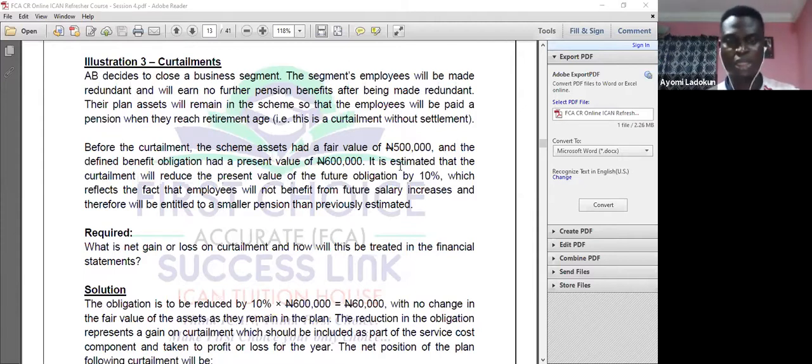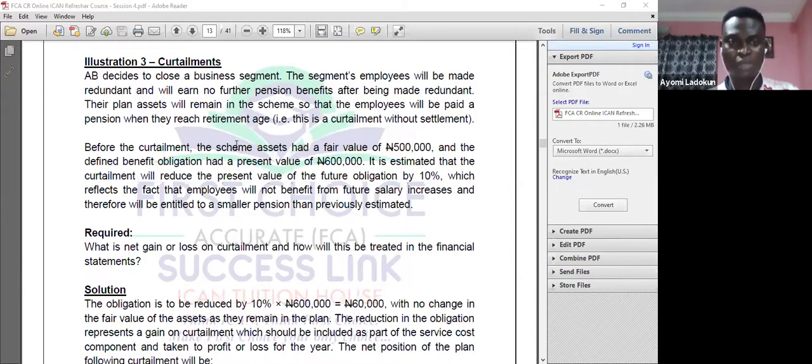So they'll be entitled to a smaller pension than previously estimated. Required: what is the net gain or loss on curtailment, and how will this be treated in the financial statements? It's quite straightforward.